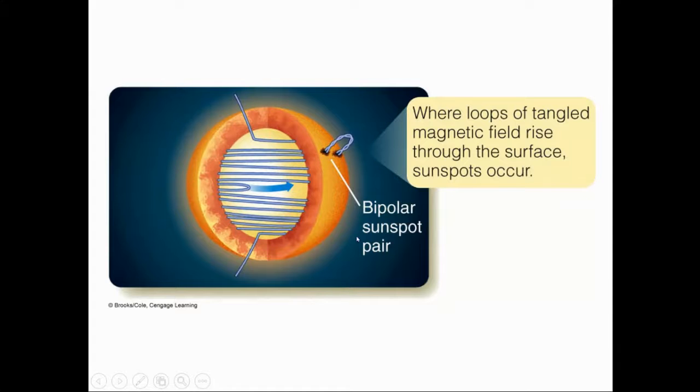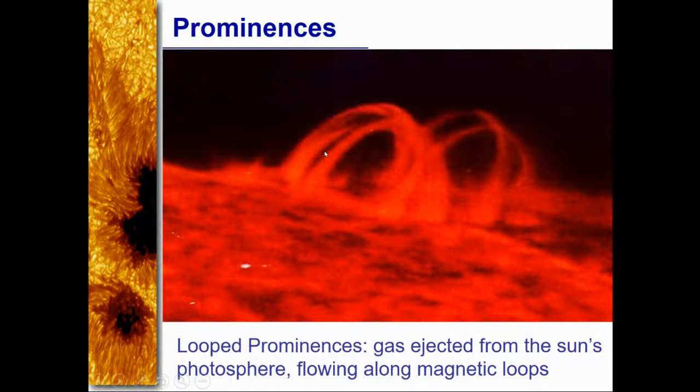But when we look at sunspots, usually you find that they come in pairs, where a magnetic field line will leave and then it has to come back. We see this in something that we call prominences, and these are looped gas that is ejected from the photosphere.